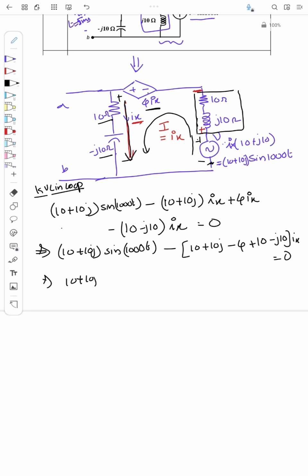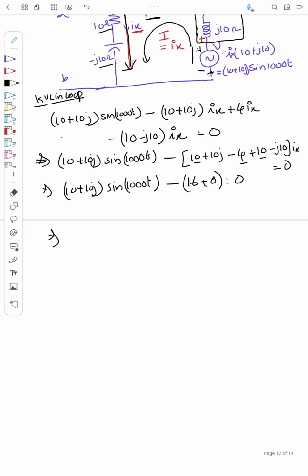So (10 plus 10J) into sine 1000t minus, 10 plus 10 is 20, 20 minus 4 is 16, and 10 minus 10J is 0, so plus 0, equal to 0, into Ix. Now what is Ix? If I bring this term to the RHS, Ix will be equal to (10 plus 10J) into sine 1000t by 16.